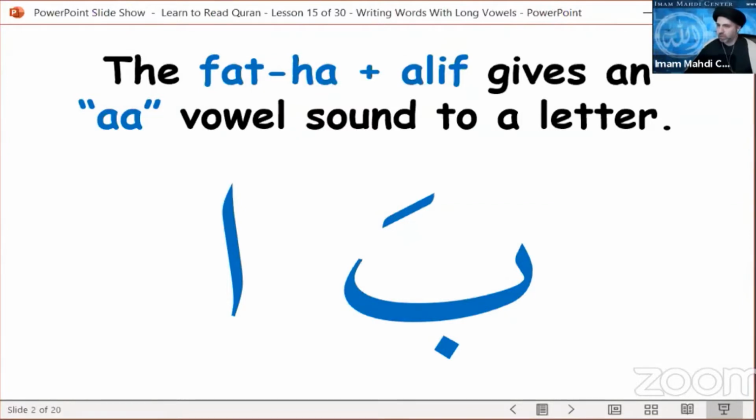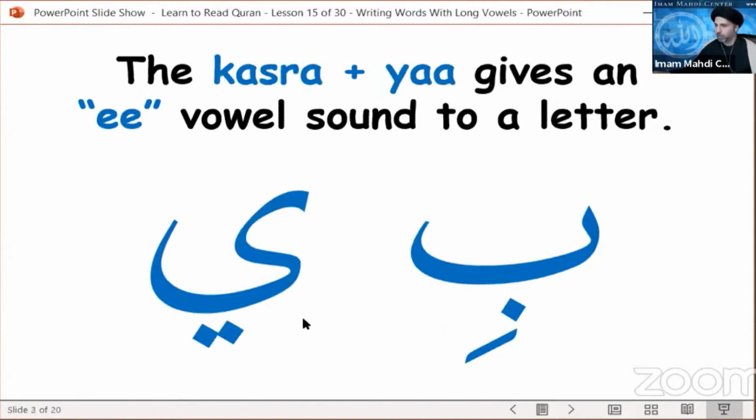So there's a combination of a fatha and an alif. A letter such as this ba will have a fatha, and if it's followed by an alif that does not have any other markings on it, then this will be given an a long vowel sound. So this ba with the fatha and alif will be pronounced ba. Next we had the other long vowel, which is produced by the combination of a letter having a kasra followed by the letter ya.